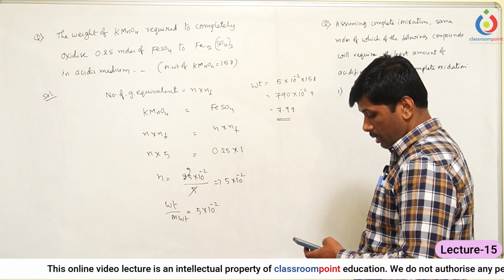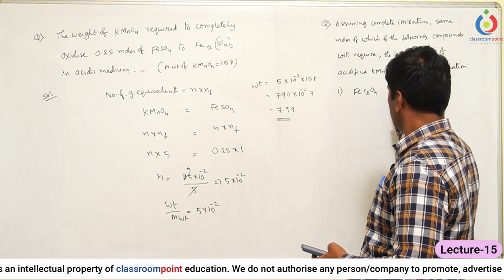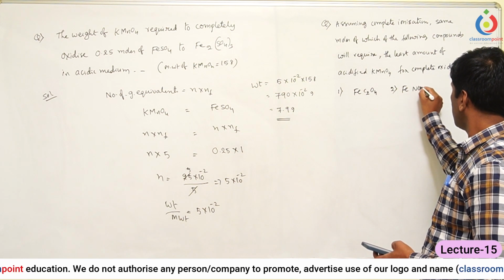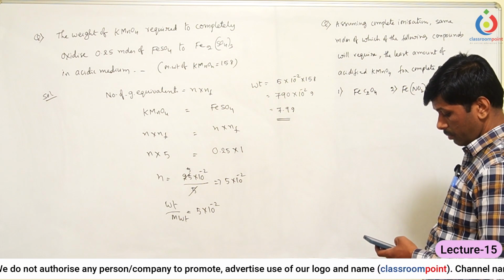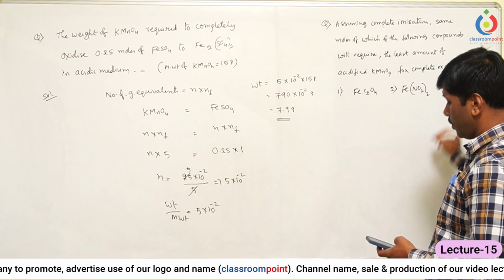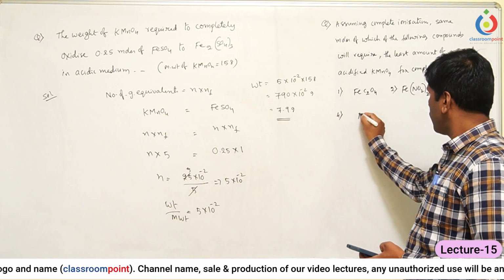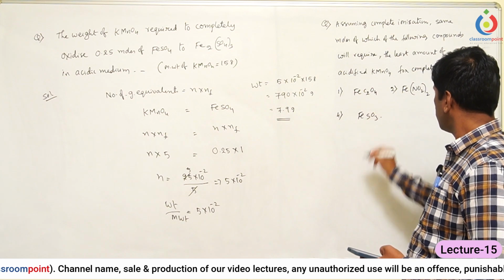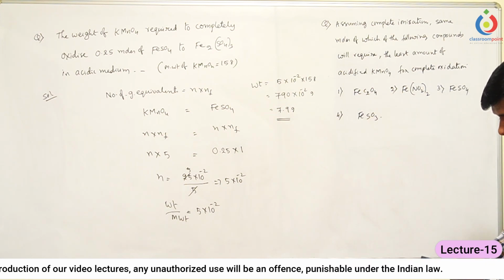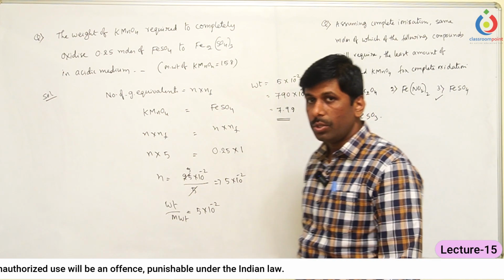So the given molecules are FeC2O4, Fe(NO2)2, FeSO4 and FeSO3. So anyhow, you'll get confused about what could be the answer here. Option 3 is the answer, but try the solution yourself.